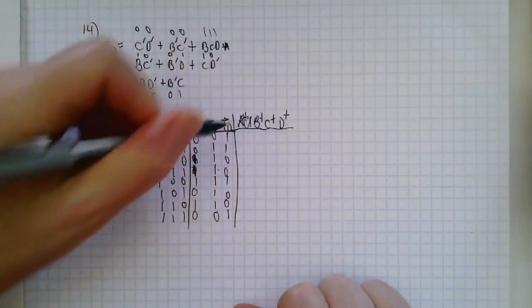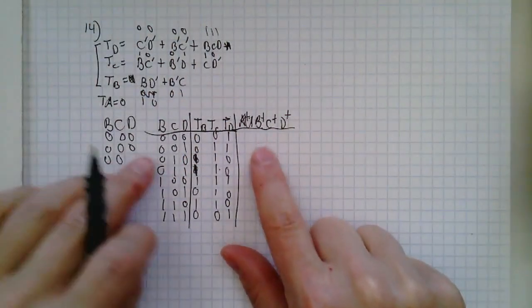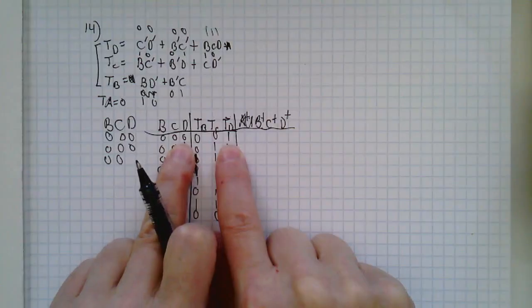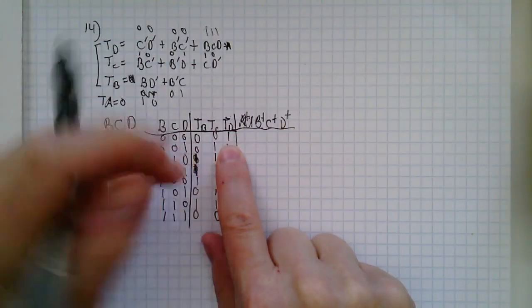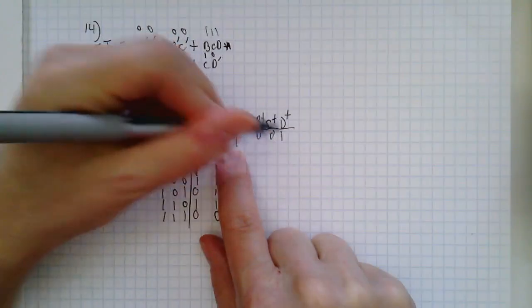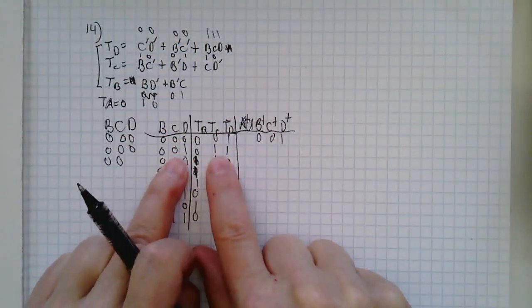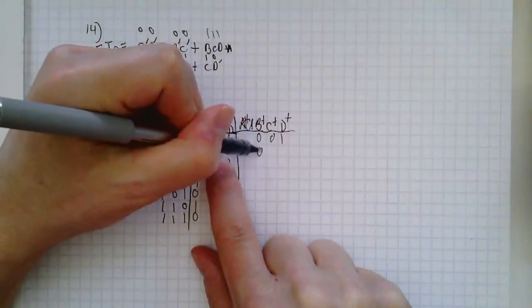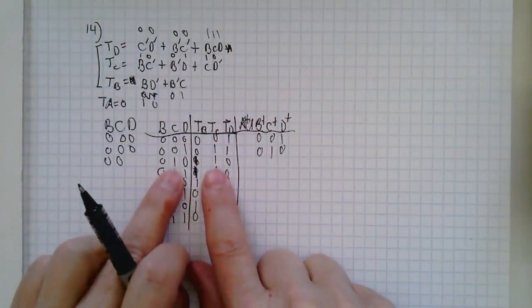So now, if I've got a 1 in the least significant bit, it flips. So 0, 0, 0 becomes 0, 0, 1. I've got 1s in my least significant 2 bits, so 0, 0, 1 becomes 0, 1, 0. I've got toggle flip-flops.